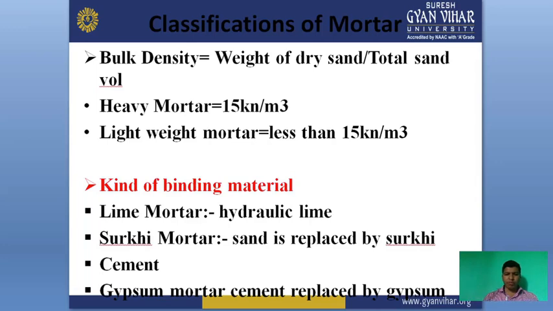Now we will discuss the lime mortar. What is lime mortar? Lime mortar is a mixture of lime, sand and water in appropriate proportion, prepared in two ways such as grinding and pounding. The grinding method of preparing lime mortar is more efficient than pounding.